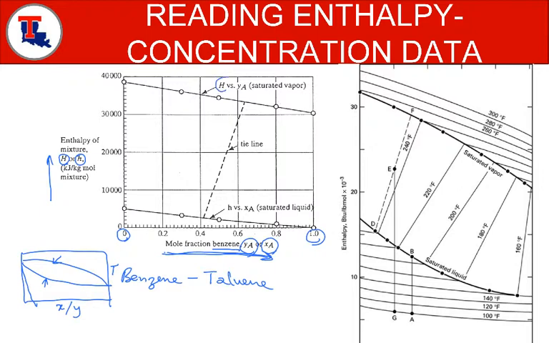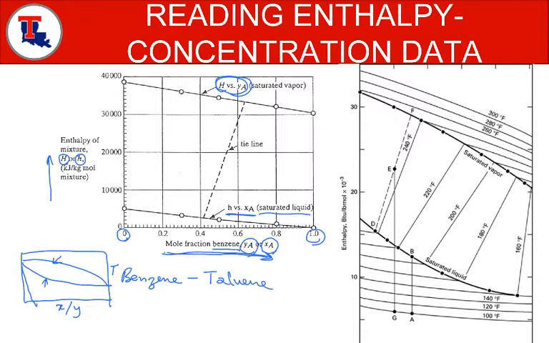The top curve is the one for the saturated vapor. Saturated vapor means vapor at its boiling point. And then the bottom curve, which is the small h, is the one for the saturated liquid. Saturated liquid means liquid mixture at its boiling point.